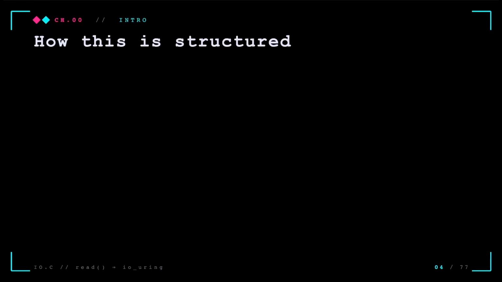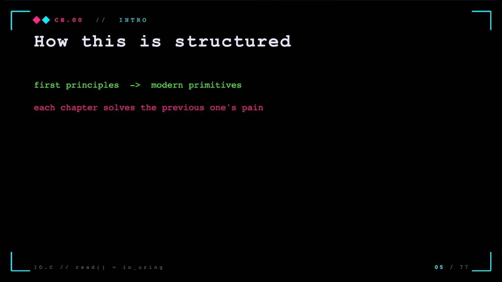How is this video structured? We're going to go from first principles to modern primitives, meaning how things have evolved throughout the years, basically from the 1980s until modern I/O programming. That sounds like a lot, but not really, because such things take time to develop and mature.